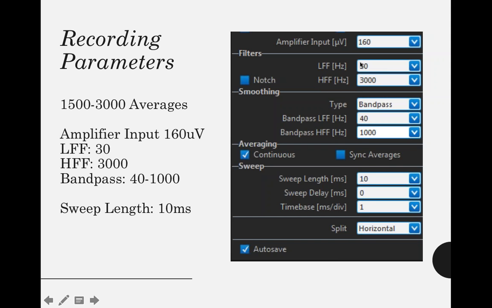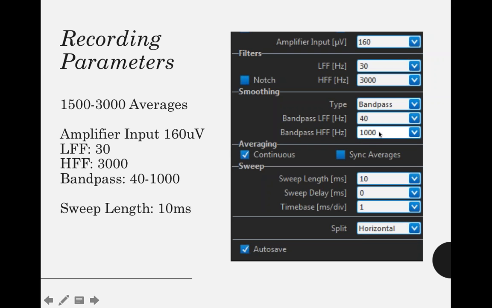This is what is being acquired. This is what is coming in, and then this is what you are visualizing. So even though you've got up to 3,000 hertz of signals coming in, you're only going to be looking at 1,000.